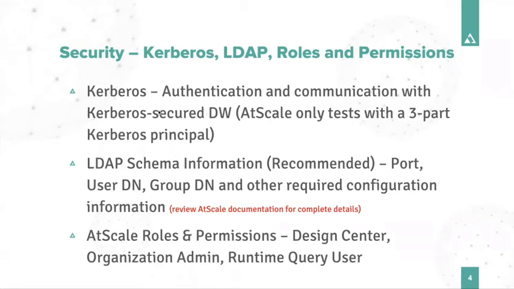People who are familiar with Kerberos know that essentially the 3 parts of the Kerberos key are: you have a primary part, you have an instance, and you have a realm, which is usually the domain name. So your system admin, your Unix admin will appreciate if you can tell them that AtScale needs a 3-part Kerberos principal.